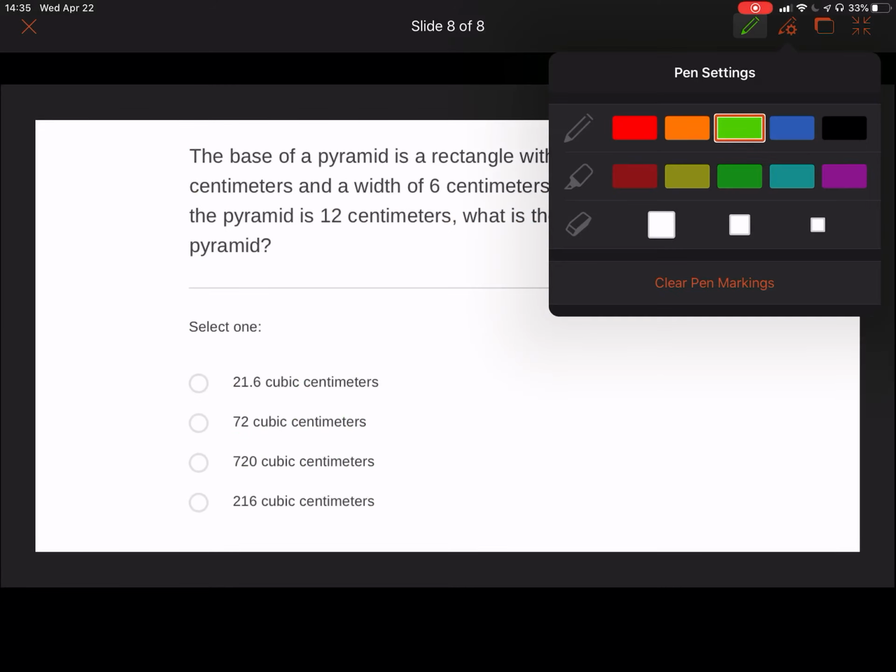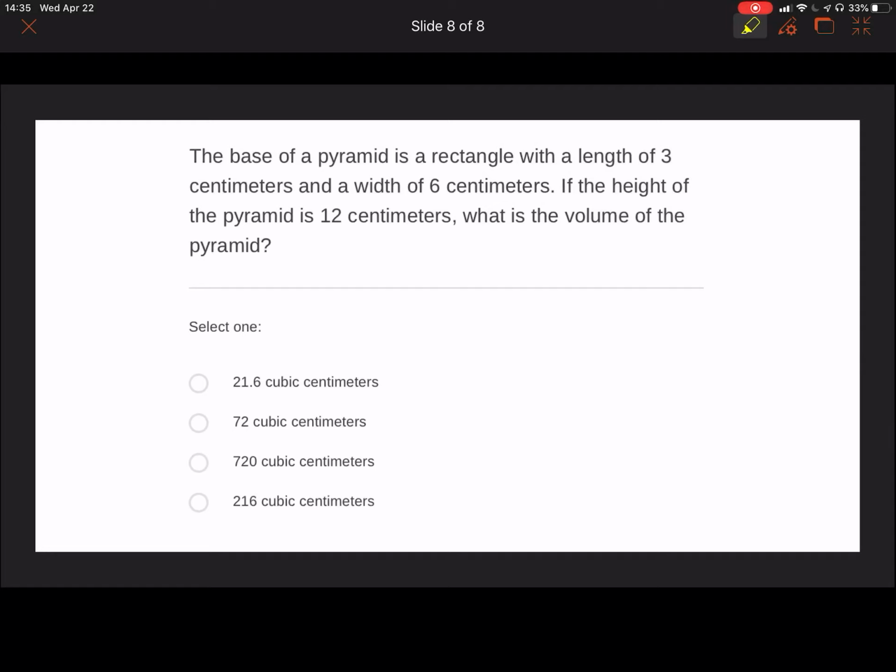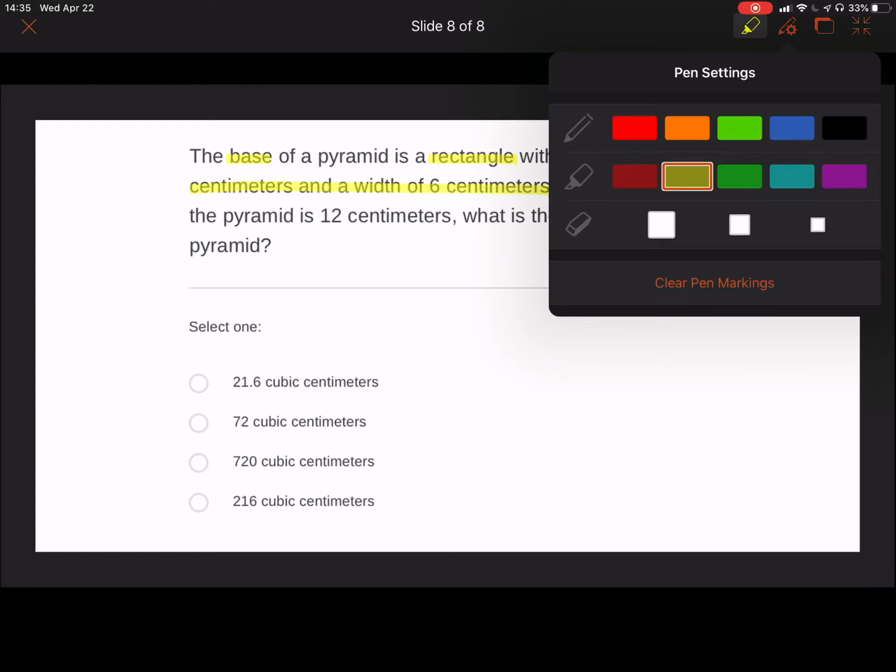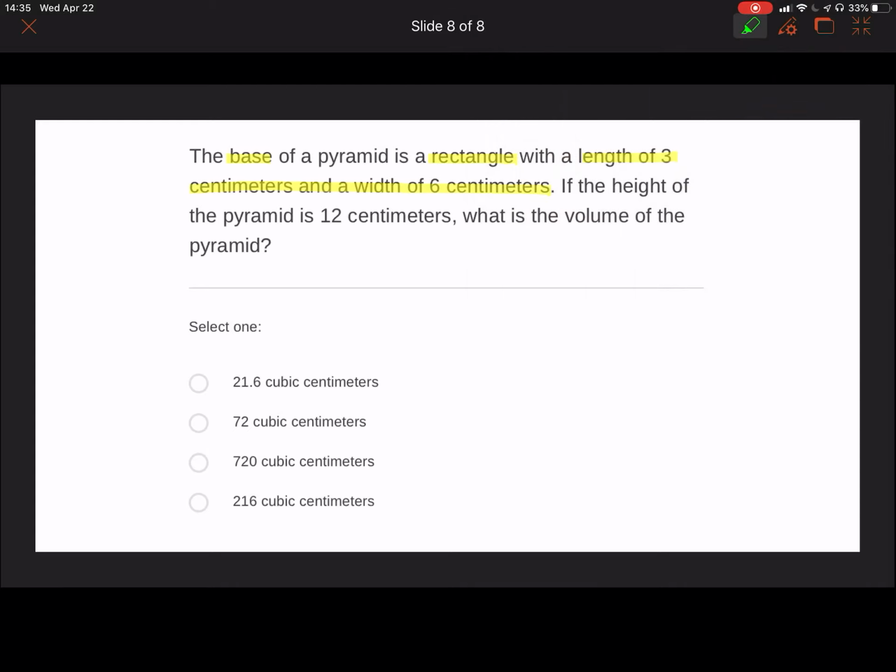Okay. This one, instead of highlighting our picture, I'm just going to go through and I'm going to highlight our word problem. So we have the base of a pyramid is a rectangle with a length of 3 centimeters and a width of 6 centimeters. If the height of the pyramid is 12 centimeters, what is the volume?